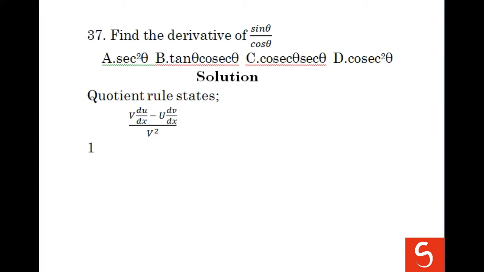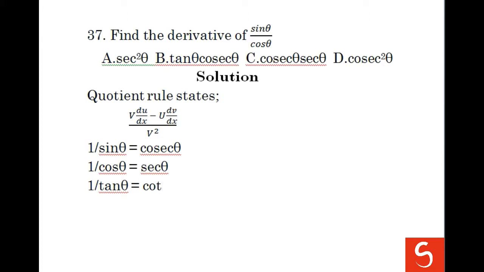We should know that the reciprocal of sine theta is cosec theta, the reciprocal of cos theta is sec theta, and the reciprocal of tan theta is cot theta, usually called cotan, but we can shorten it as cot theta. So these are important. We need to know them by heart.